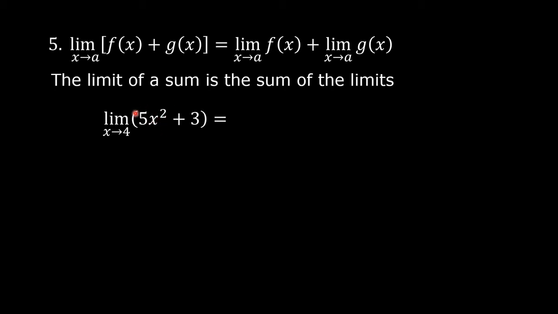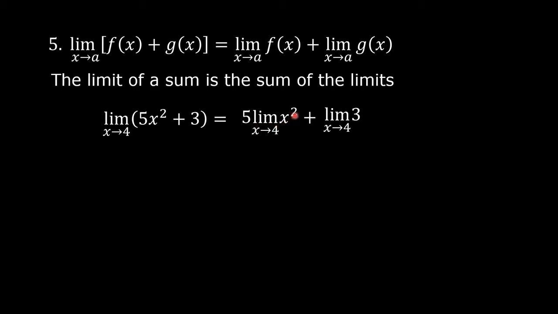So the limit of this first term plus the limit of the second term. But the limit of 5x squared is equal to the constant 5 times the limit of x squared as x approaches 4, and then plus the limit of 3 as x approaches 4. Let's write that. 5 times the limit of x squared as x approaches 4 plus the limit of 3 as x approaches 4.